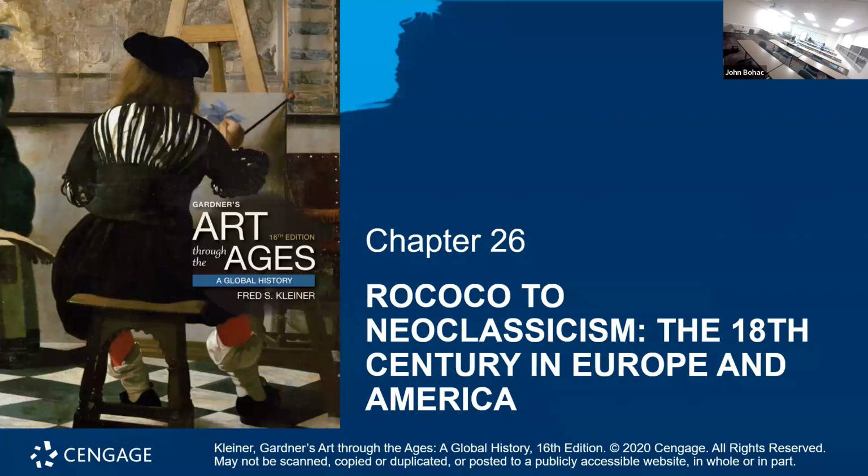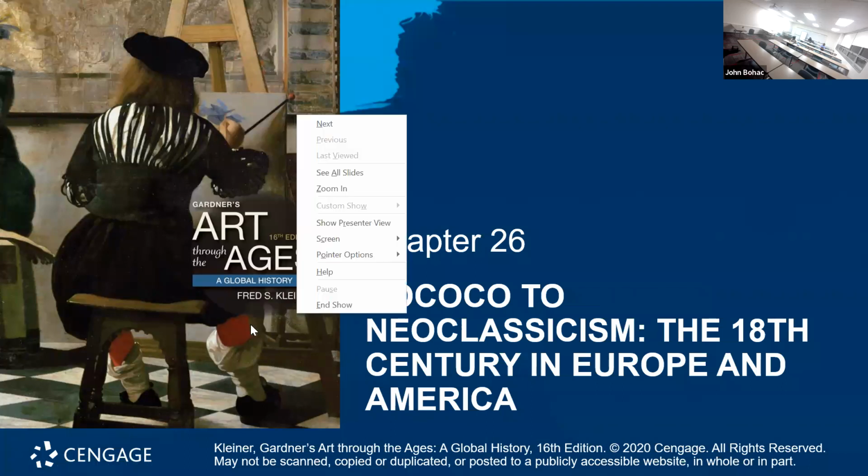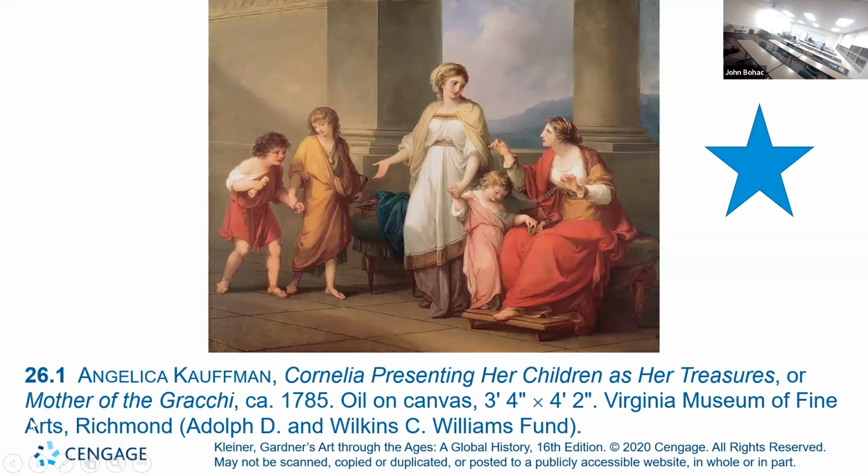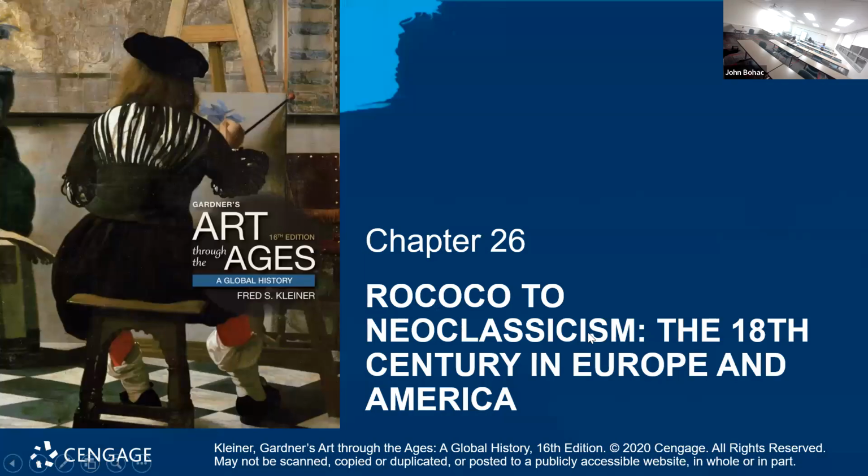I do want to introduce you to this, and that is this idea of neoclassicism. I already kind of introduced that to you. That was happening in France, and they were really very keen on going back to mythology.